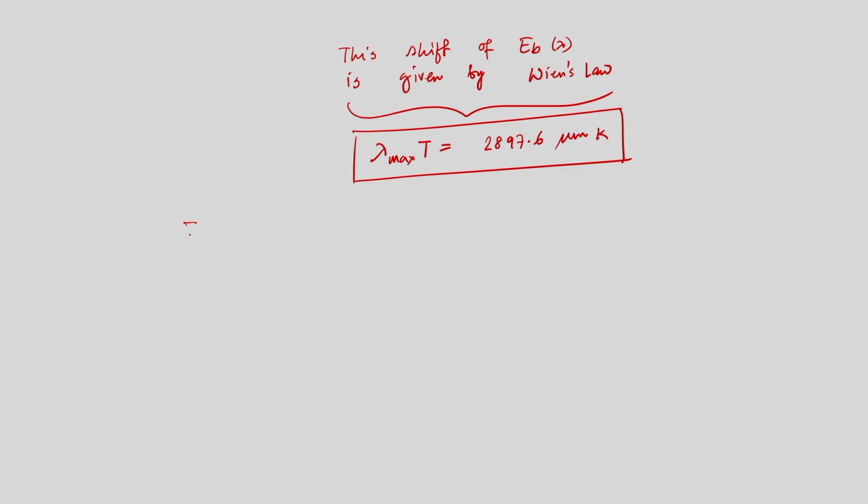So, this is the theory behind measuring the temperature of an object using the radiation effect. This effect can be used to measure the temperature.